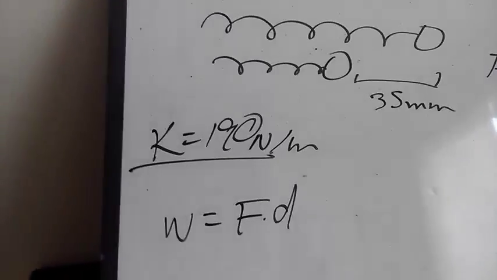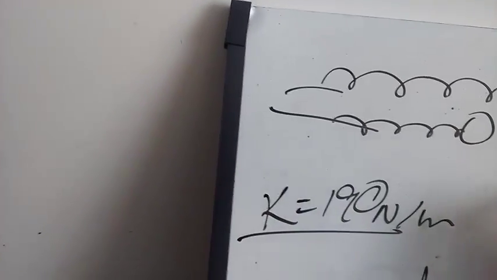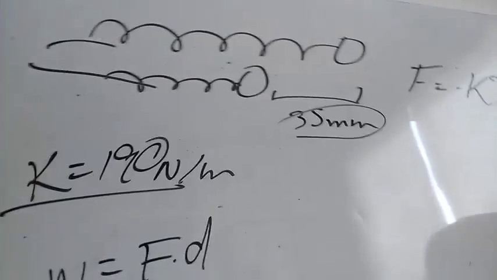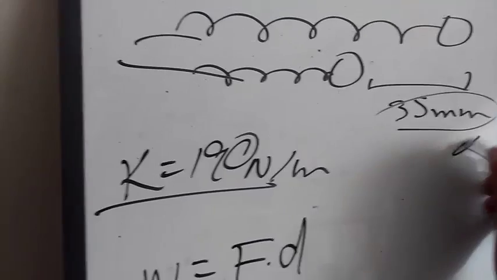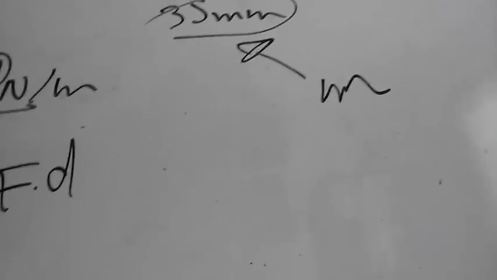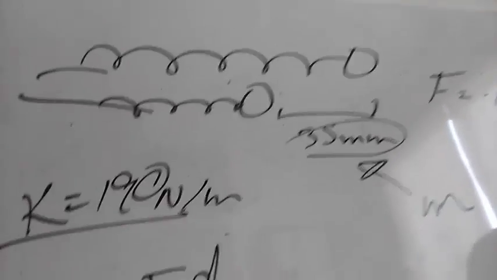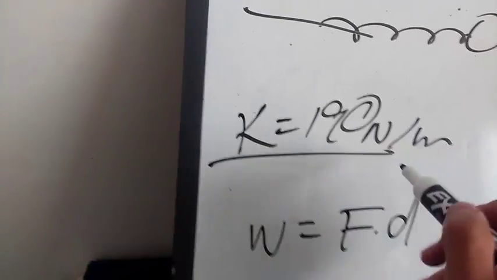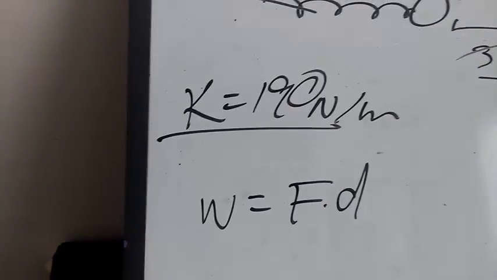In the next exercise they tell us about a spring that is compressed to an amplitude of 35 millimeters. So we have to convert this to meters in order to make everything easier. They also give us the constant k in this exercise, and they ask us for the work.